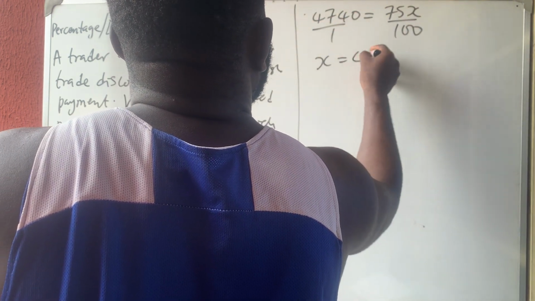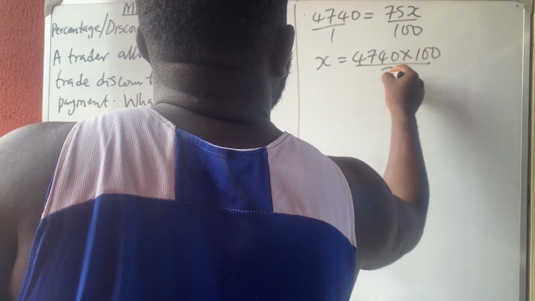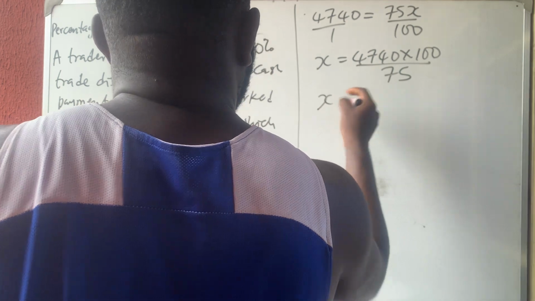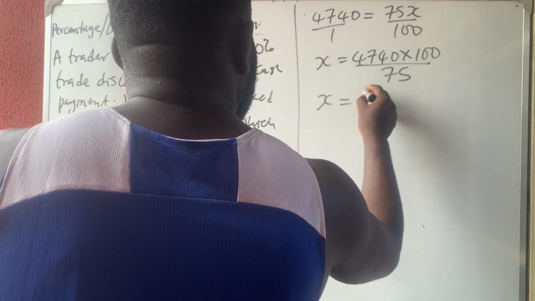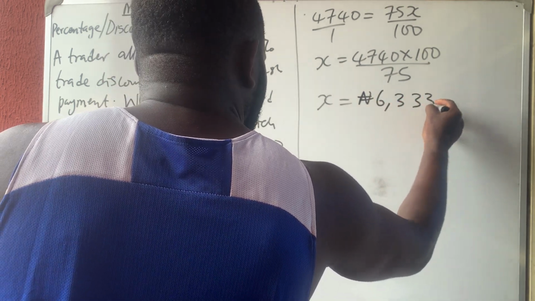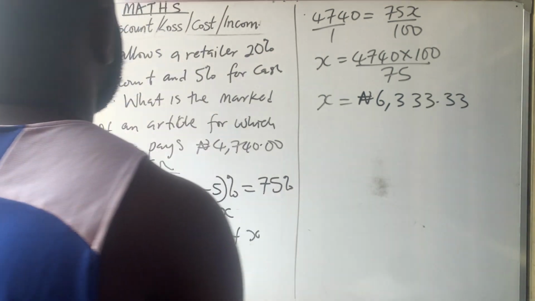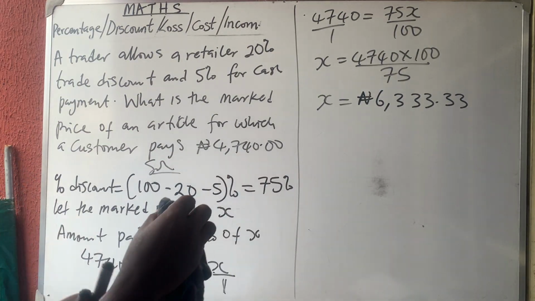So x will now be 4,740 times 100 divided by 75. So our x is 6,320. Sorry, 6,333.33. All right. So this is the marked price of that goods.